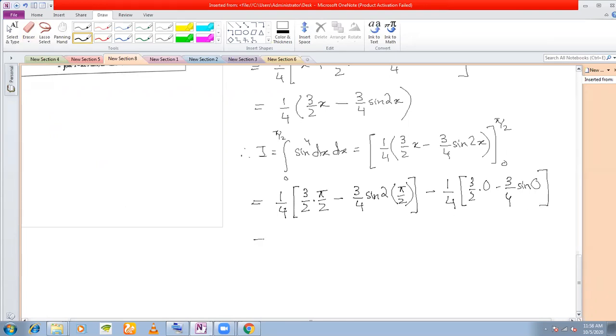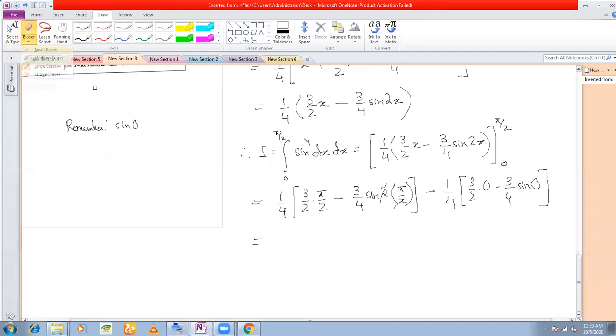So what you get ultimately here is sine 2 into pi by 2, this 2 cancels. You get sine pi. What is the value of sine pi? Sine pi is 0. Always remember, at least for definite integrals, please remember sine 0.